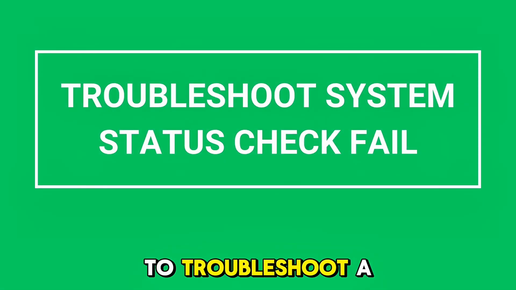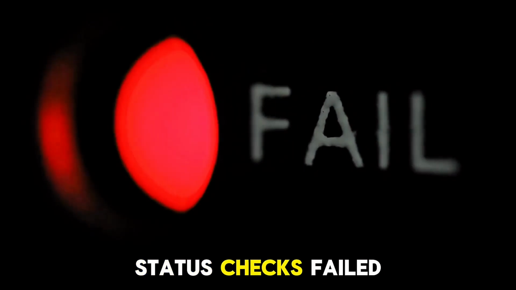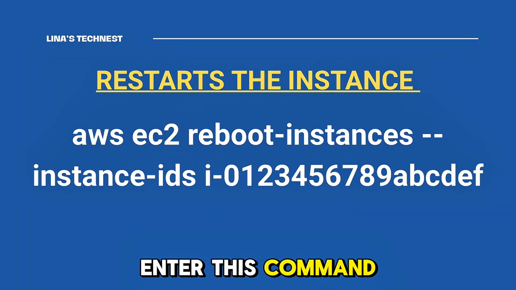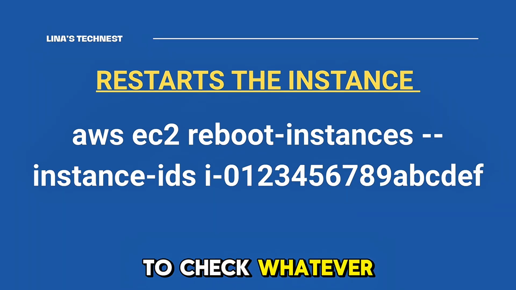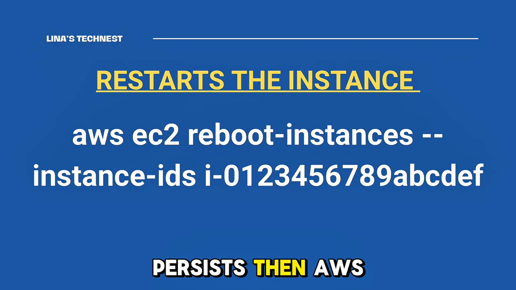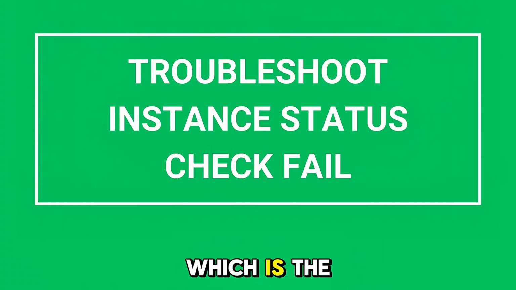To troubleshoot a failed status check, first, if the system status check failed, you can stop and start the instance, or also enter the command on the screen to check what is wrong with it. If the issue persists, then AWS must fix it. And then the second one, the instance status check, which is the responsibility of the customer.